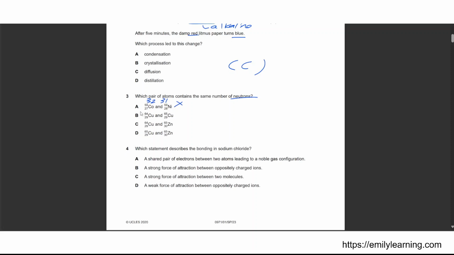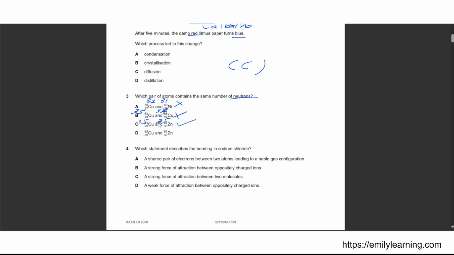Doing the same for the rest, I'll take the top number minus the bottom number to find the number of neutrons. Basically this is what I get. So B is also wrong. For C, I got 35 and 35.